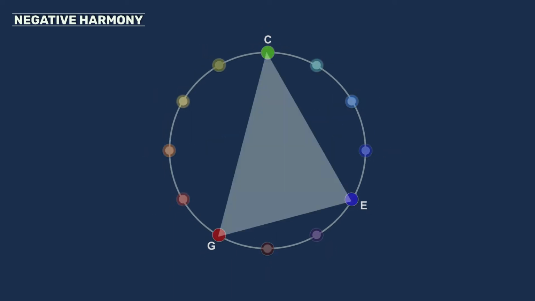Now, the intervallic inversion is obtained by flipping the shape around an axis, say an axis drawn over the pitch classes C and F sharp. As we flip the shape around this axis, each pitch class will map onto the pitch class at the corresponding position at the other side of the axis. In this case, the pitch class C will map into itself, as it is over the axis.